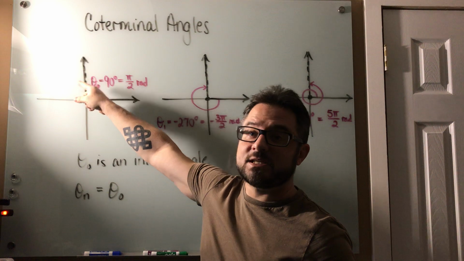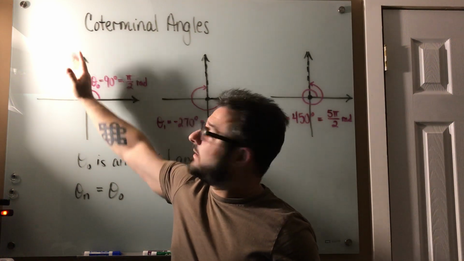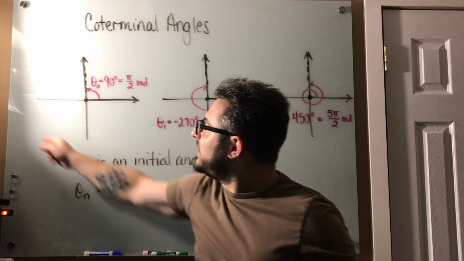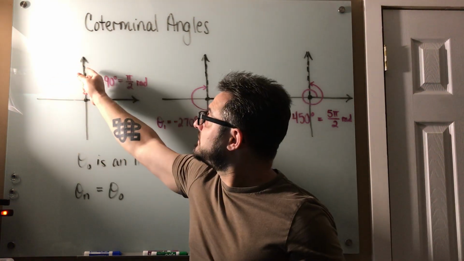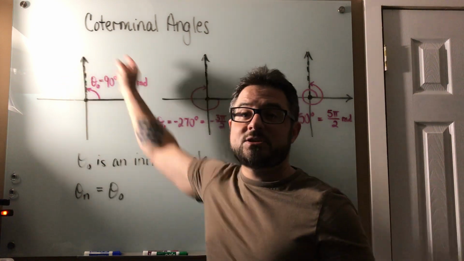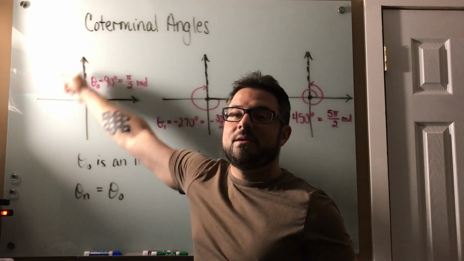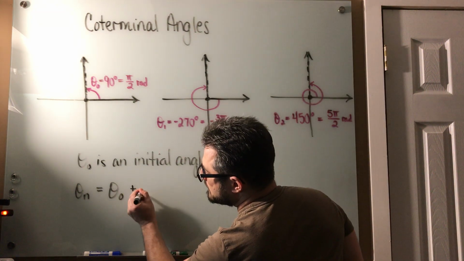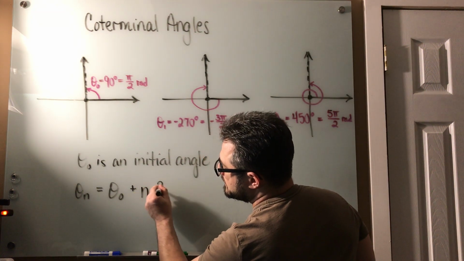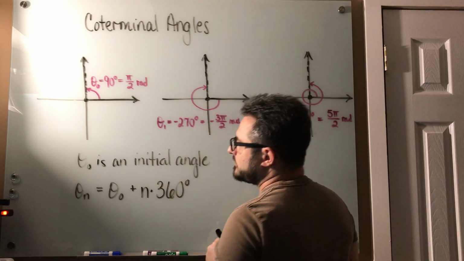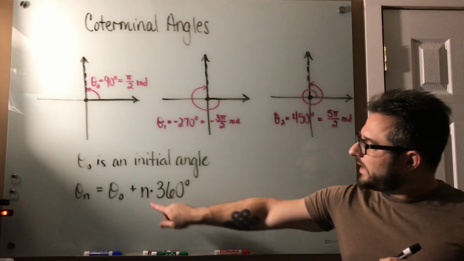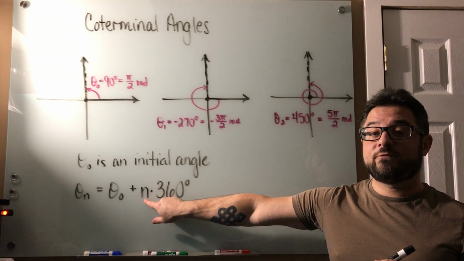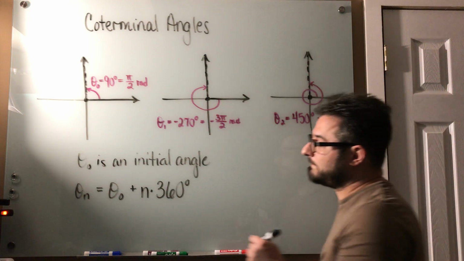That puts us in the position that we want to be in. And then from there, we can add as many turns of the circle as we want, because each additional turn will keep us landing back in the exact same spot. Where n is any integer, n then represents the number of full rotations of the circle.